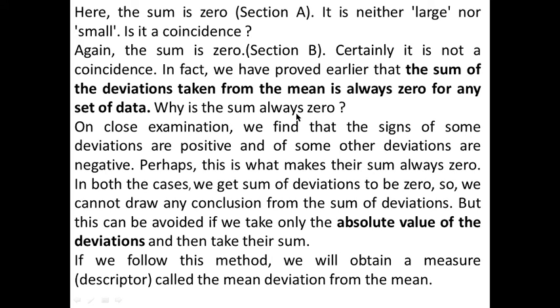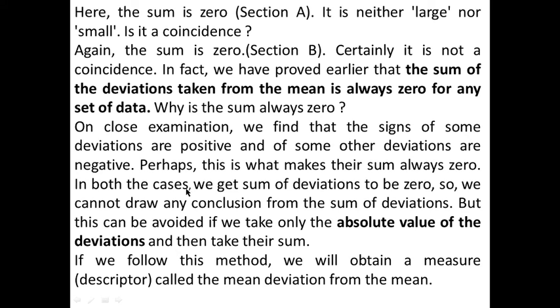Why is the sum always 0? On close examination, we find that the signs of some deviations are positive and of others negative. Perhaps this is what makes their sum always 0.